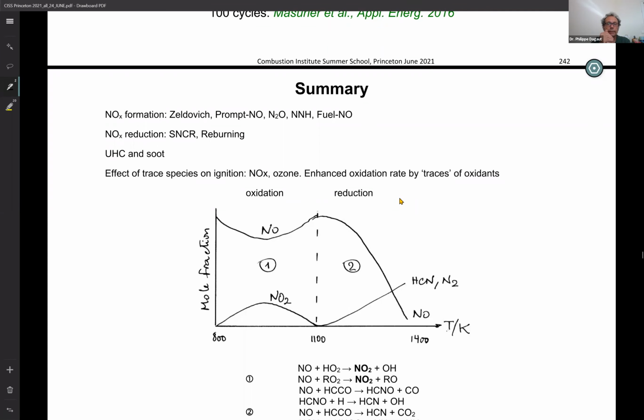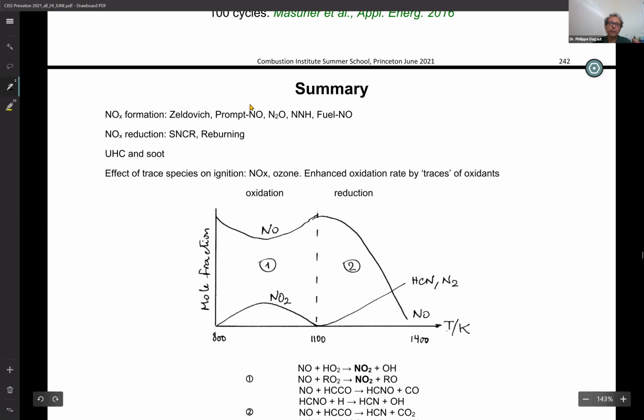This has a very high activation energy. That's the reason why it's only occurring under conditions where the temperature is high, typically in the flame front.